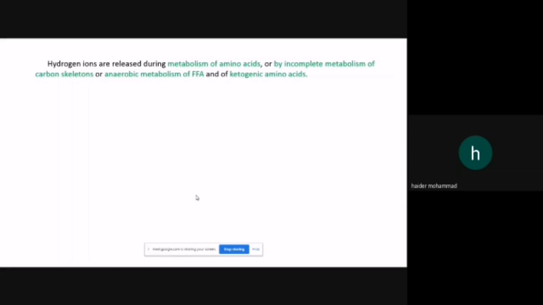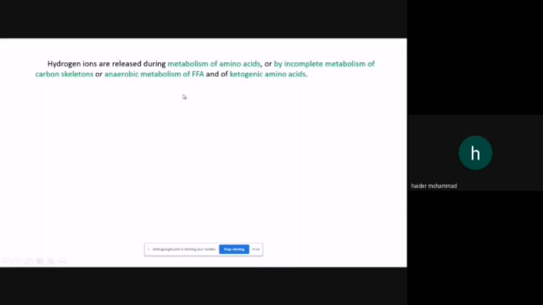Now let us know the sources of the hydrogen ion. Where does this hydrogen ion come from? In the blood we get an increase in acidity, or a decrease in pH. Hydrogen ions are released from 5 sources.